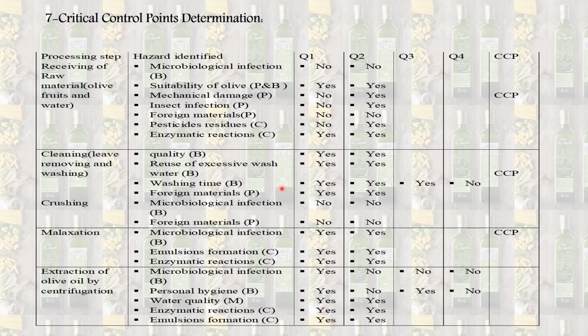Third question, could the contamination which is identified as the hazard occur in excess of the acceptable level؟ هل الهازارد عند النقطة دي still acceptance ليه ظهور أو موجود؟ فالأنسر هتبقى no. Question 4, will a subsequent step eliminate the identified hazard؟ هل في critical control point تانية تقدر تعمل نفس elimination أو الكنترول لنفس الهازارد اللي عندي؟ فالأنسر هتبقى no. We must ask these 4 questions for the other following steps.